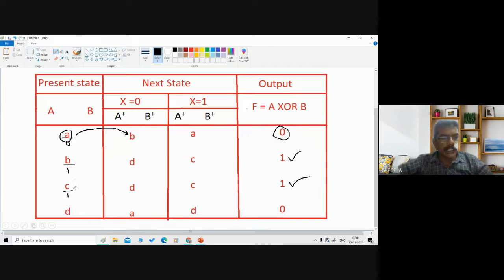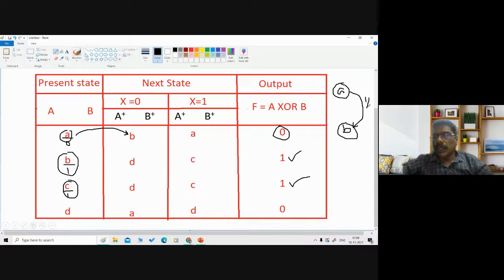This is the important thing you have to identify for Mealy machine and Moore machine. In a Moore machine, we put the output in the circle itself, whereas in a Mealy machine, the output will be mentioned on the transition. For example, if A to B, this is the A state, this is the B state, it goes A to B, we put like this. What is the input?